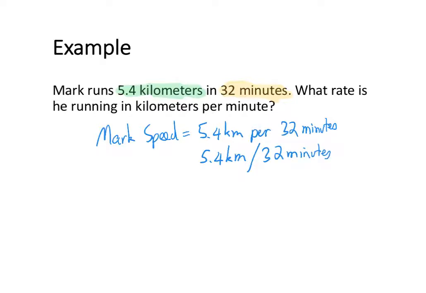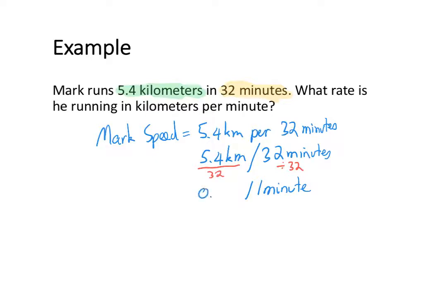Now we don't want per 32 minutes, we want per 1 minute. So we have a look at what we need to do to 32 to take it down to 1 minute, and that is divide by 32. So what we do to the one side of our rate, we want to do to the other. So we want to divide 5.4 by 32.